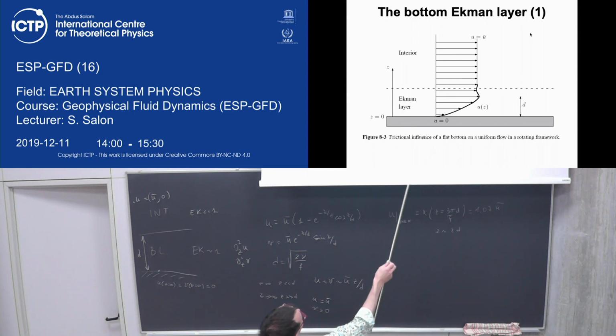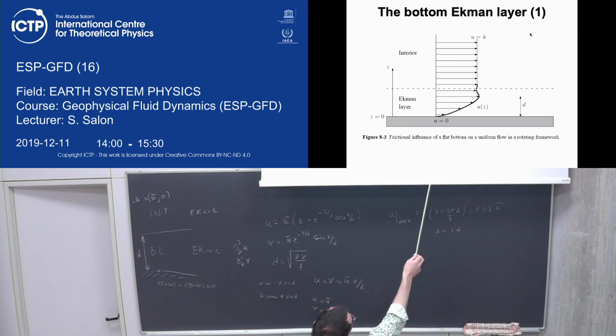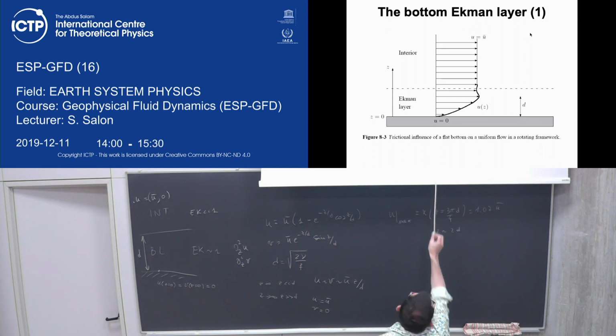So still we are close to the bottom. There is a point where we have a maximum value which is slightly larger than the value that we have in the interior.